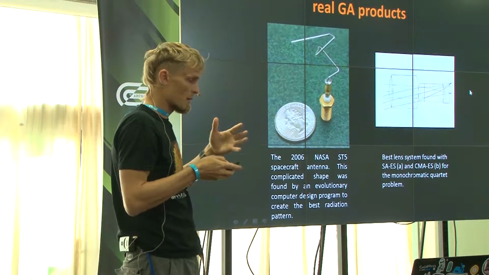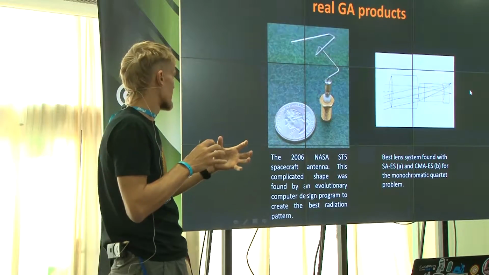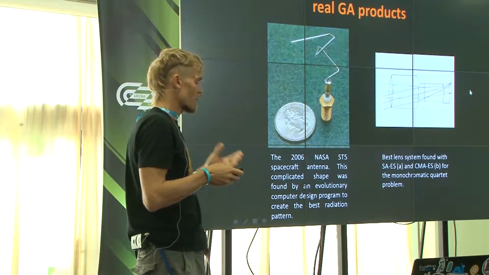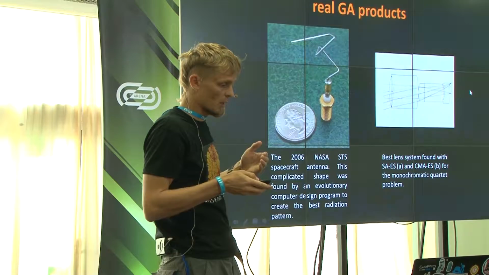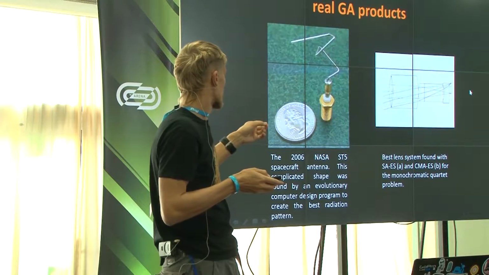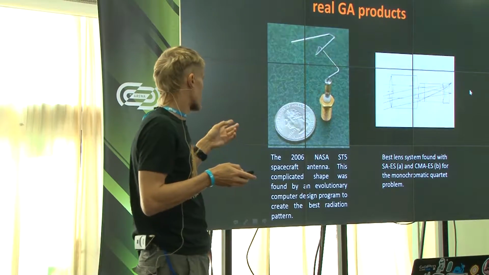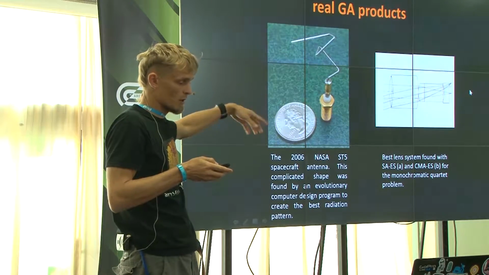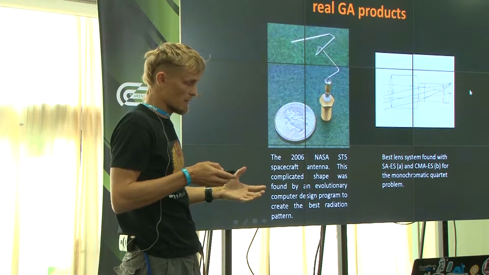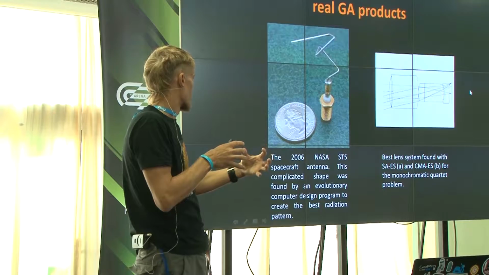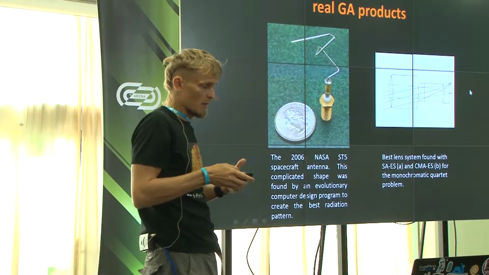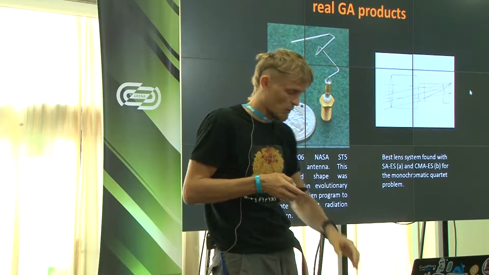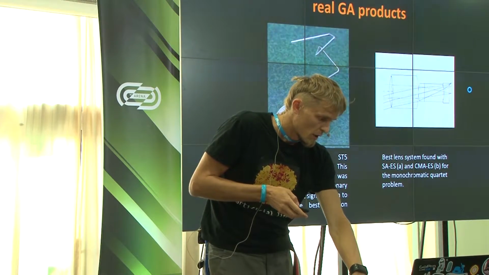So there are many possibilities to create such a system. So a special application was created which used the genetic algorithm, and it produced this special example. It produces such a lens system which works better than what engineers created.